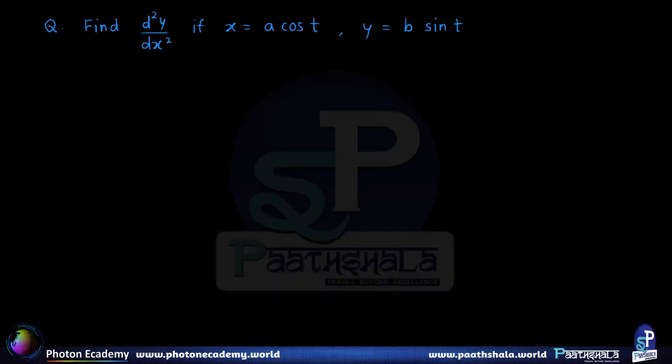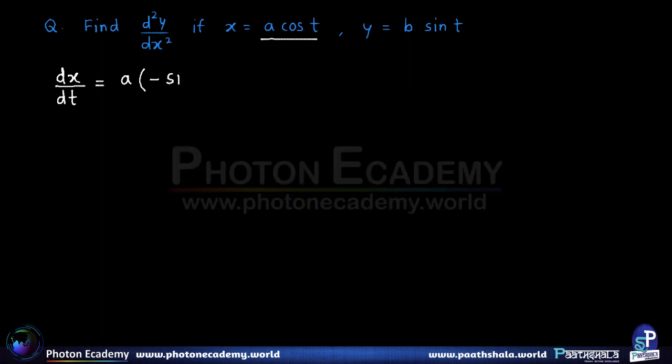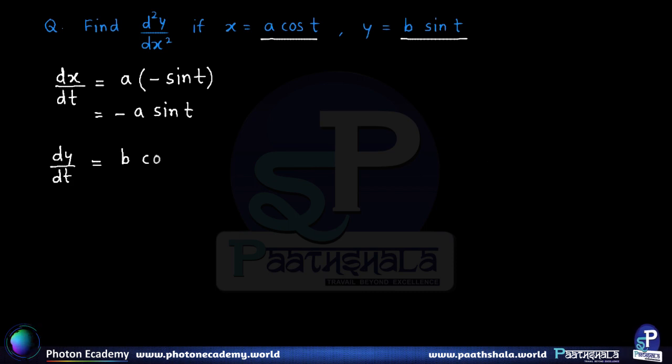Now as a first step we have to find out the first order derivative, and for that we must first find out the individual derivatives, that is dx by dt is equal to, now x is a cos t, so derivative of cos t is minus sin t, which is nothing but minus a sin t, right? Similarly let's find out dy by dt. As y is b sin t, the derivative will be b into cos t, isn't it?